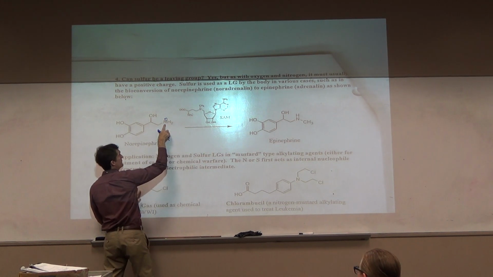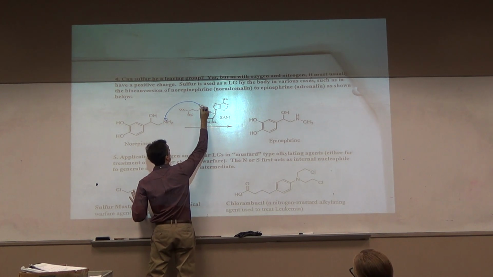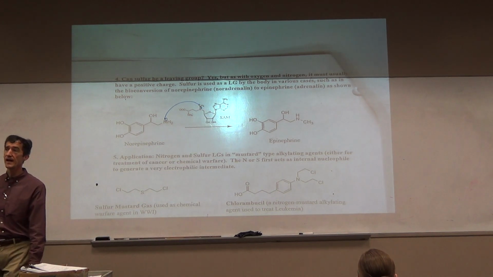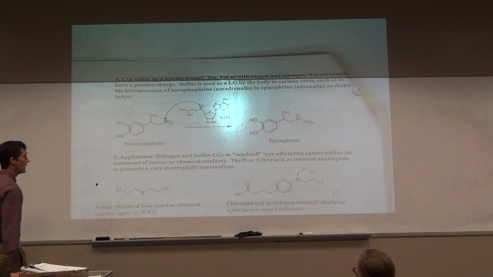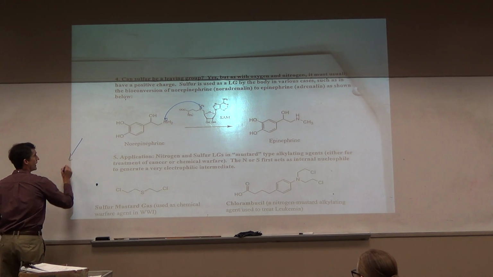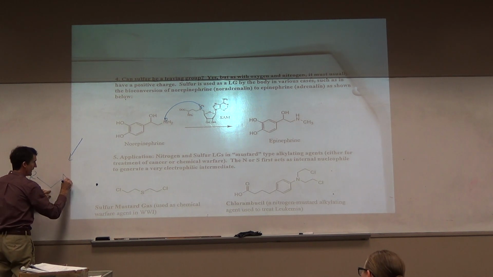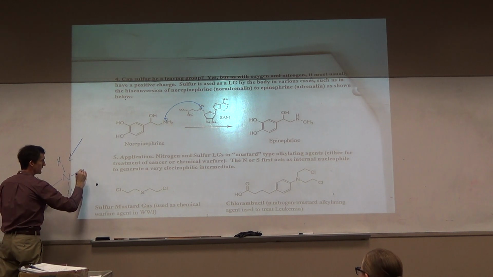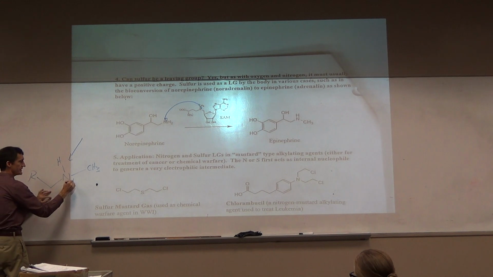Nitrogen here, a good nucleophile, attacks the methyl and kicks off the positive sulfur in an SN2 reaction. But that doesn't give the product directly. What does that give? I'm just going to call that mostly R, and we have NH2 now bonded to CH3, but this is now a positive charge.